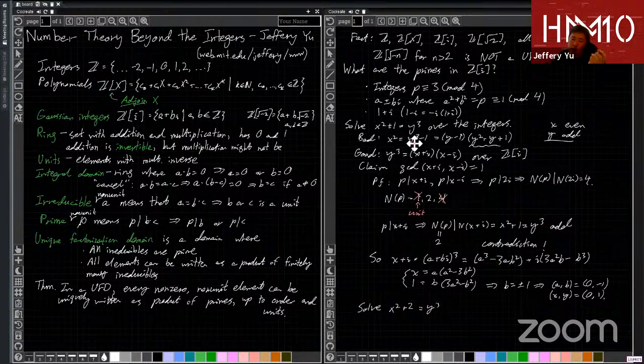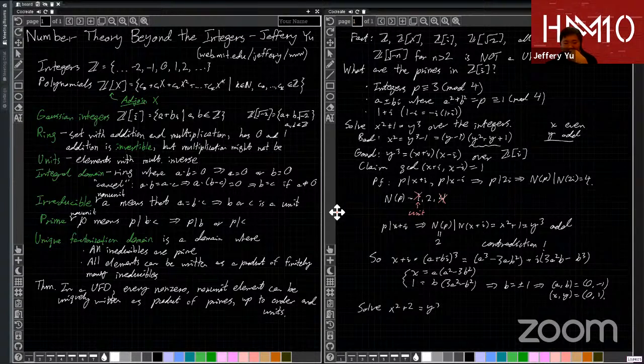But then you want a perfect cube to be 2 mod 4, which is not possible. 2 mod 4 means it's divisible by 2, but not 4. But an even perfect cube has to be divisible by 8, so it would be 0 mod 4. And so that's why x is even and y is odd. You can deduce a similar thing in this case, probably. Anyway, that's how you determine that.